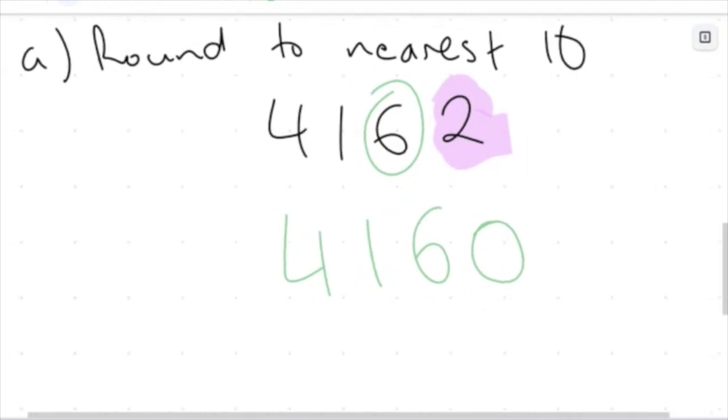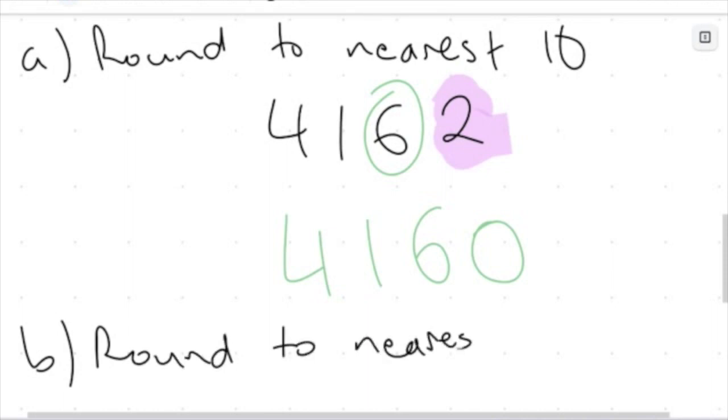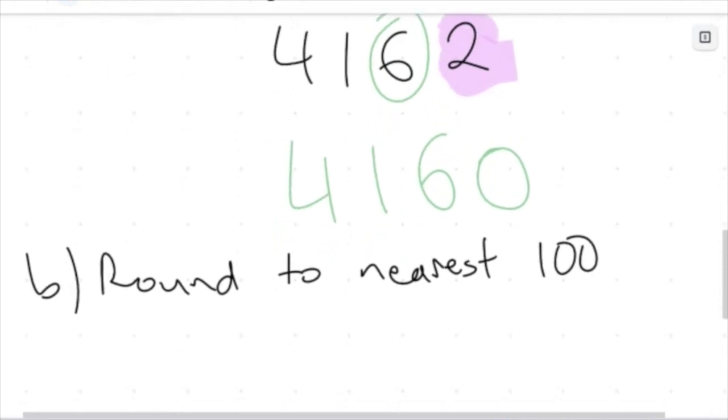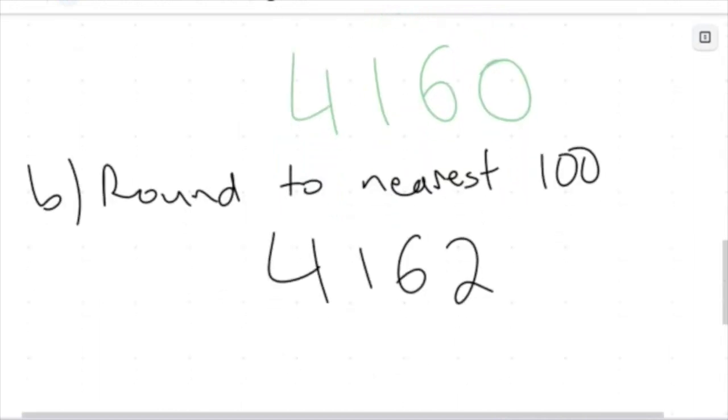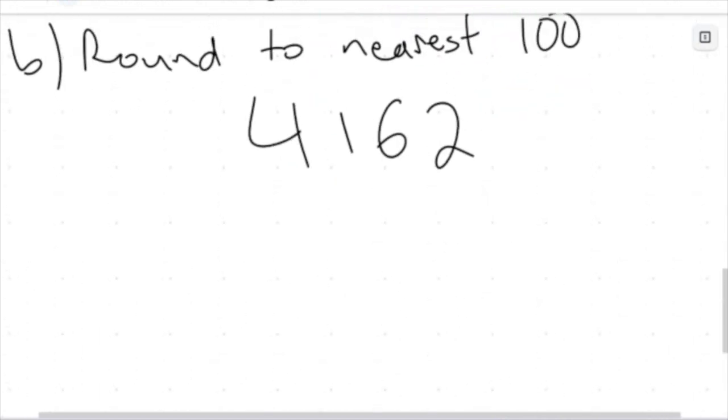Now, what if I wanted to round it? So question B, we round to the nearest 100. Okay, now I'm going to take my number, 4,162, and I'm going to look at the number in my hundreds column.